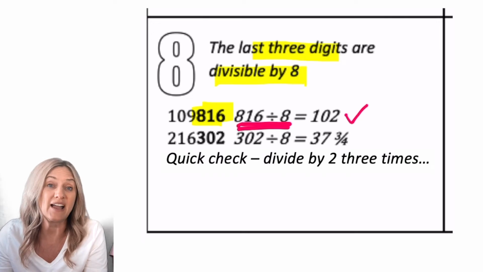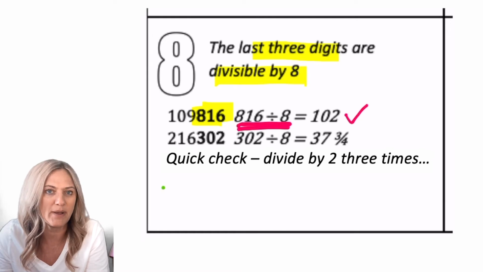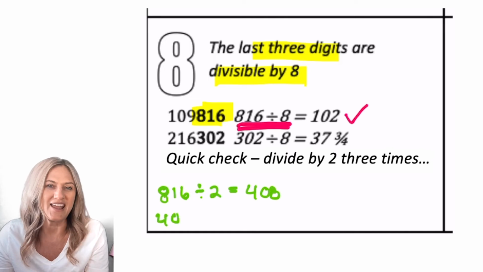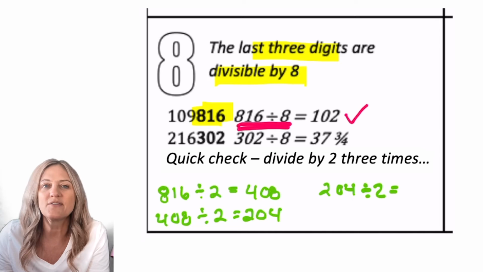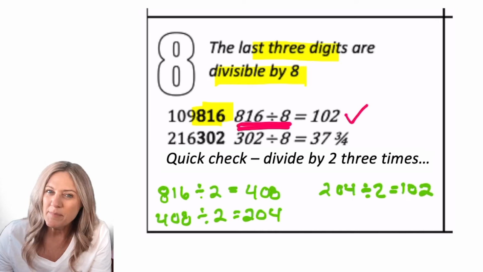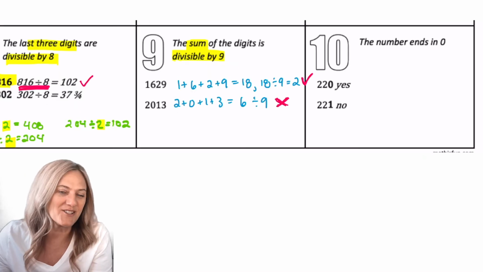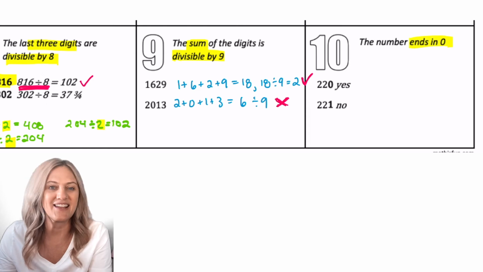Well, if we just divide by 2 3 times, then of course it's divisible by 8. 816 divided by 2 is 408. 408 divided by 2, 204. And 204 divided by 2, 102. It makes sense because 2 cubed is 8. And now to finish it off, 10. Well, we know anything is divisible by 10 if it ends in a 0.